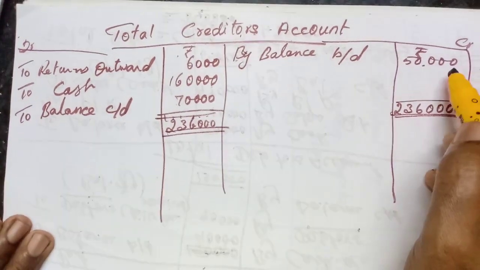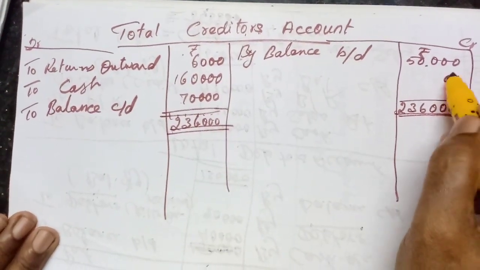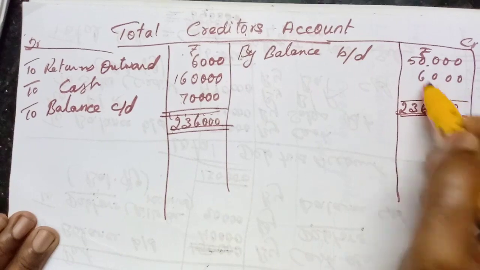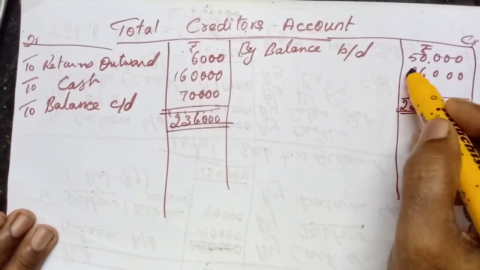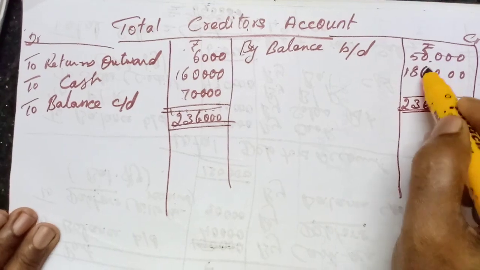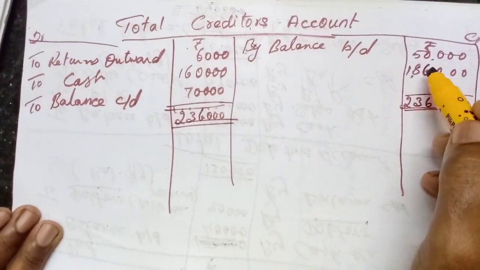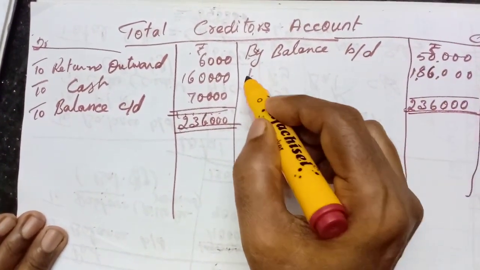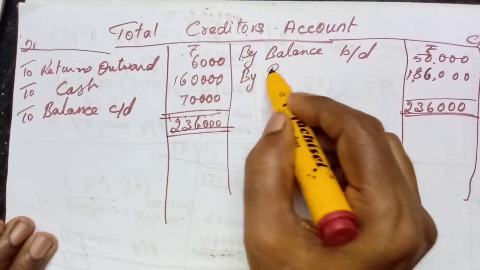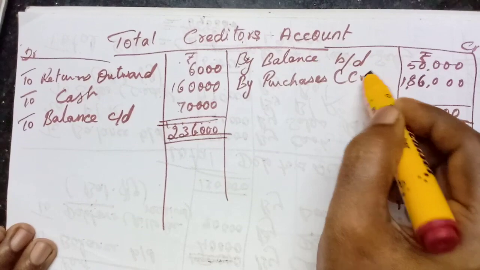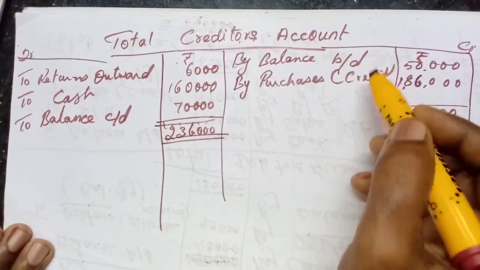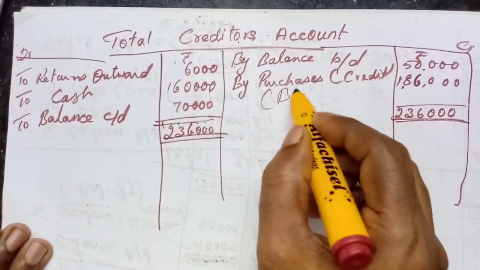Now you balance it: 6,000, 5 plus 8 is 13, balance 1, 1. So what is 1,86,000? That is the purchases. By purchases, you have to write credit purchases. This is the balancing figure.